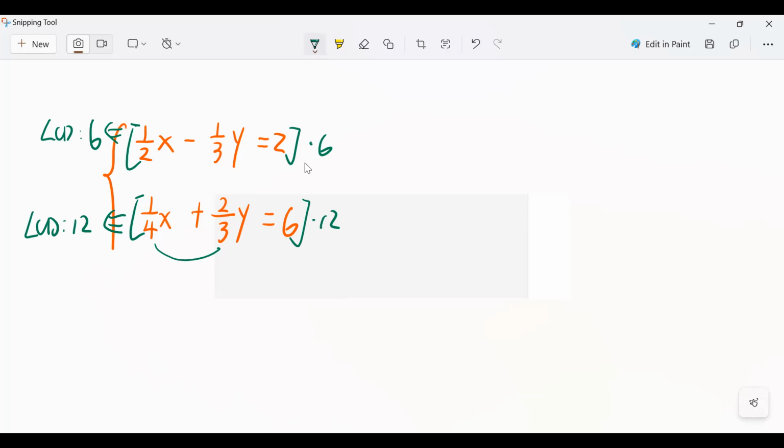All right, so let's simplify this. Half x times 6 is 3x. And then 1/3 of y times 6 is 2y. 2 times 6 is 12. And then a quarter x times 12 is 3x.